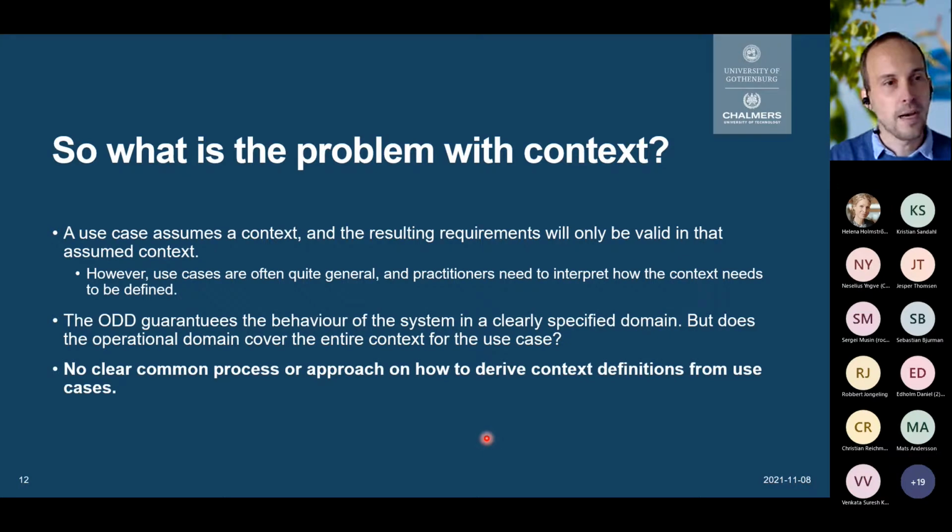The problem is that there are no clear common processes or approaches on how to derive the context definition from use cases. Because, as I mentioned, the use cases are very general. The person in Aachen, he just wants to use his car in his everyday life. He doesn't care if the car is designed to operate in Germany explicitly or in the Netherlands. He just wants to be able to use it. And you as a developer have to make sure that this is fulfilled.